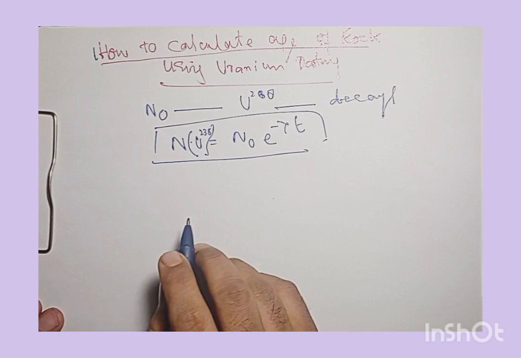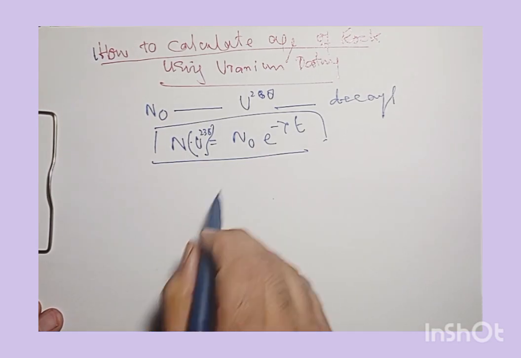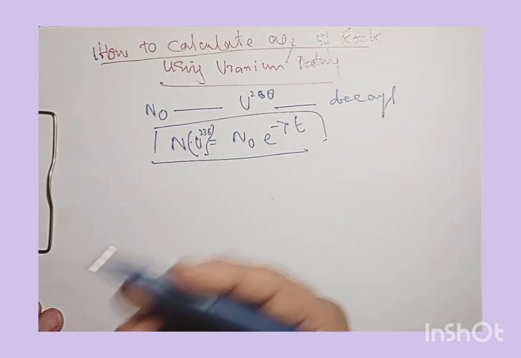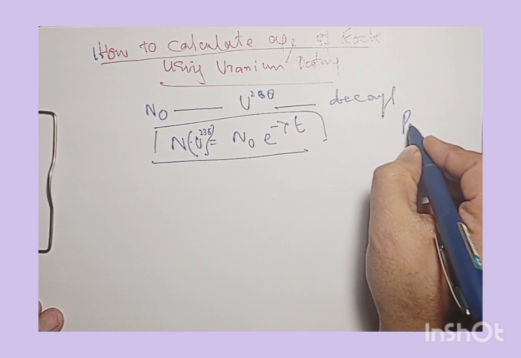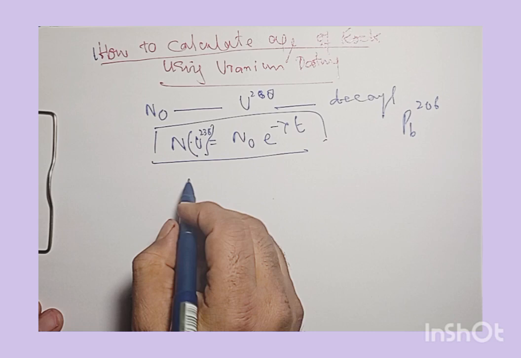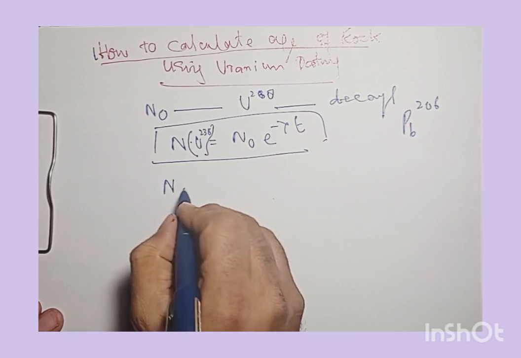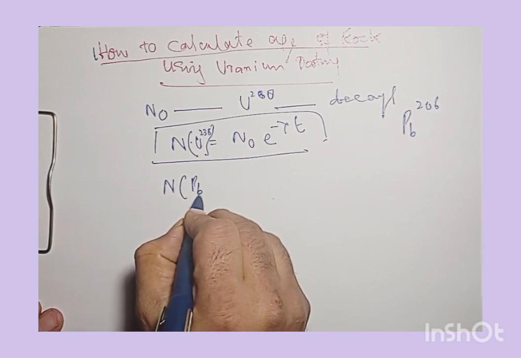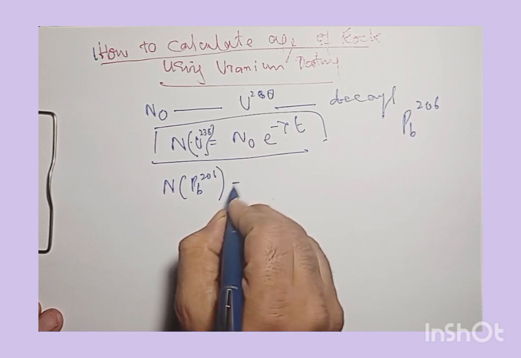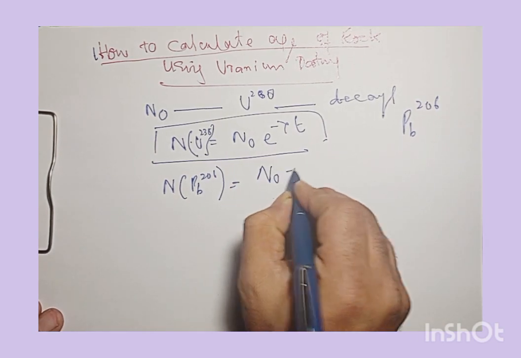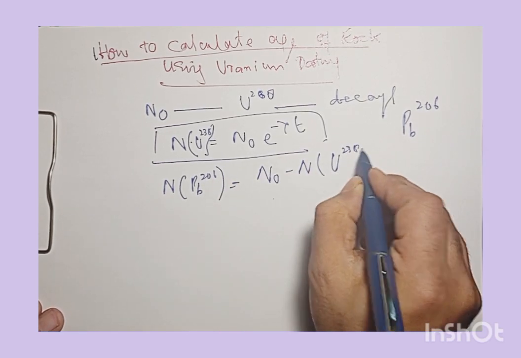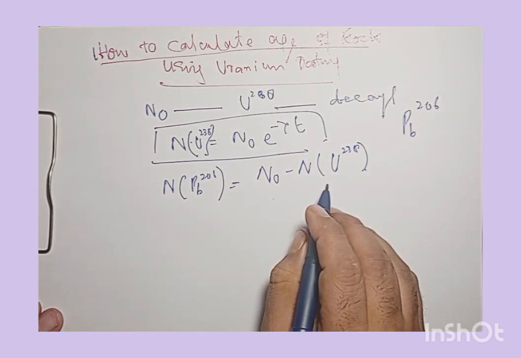Now the end product of this uranium during its decay process is lead 206. So what will be the number of the lead nuclei with mass number 206? That simply will be N0 minus N of uranium 238 nuclei.